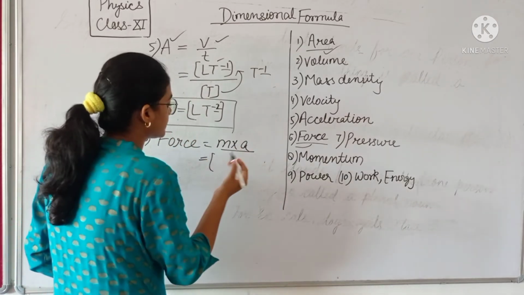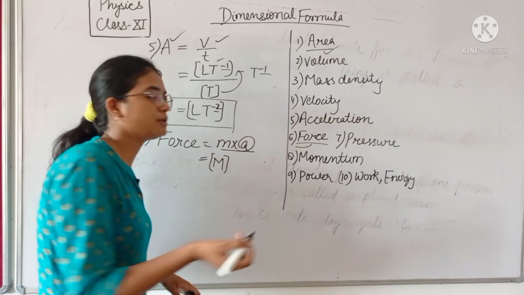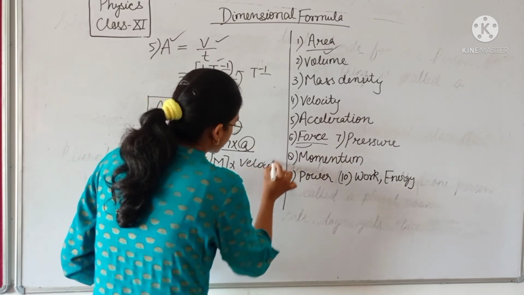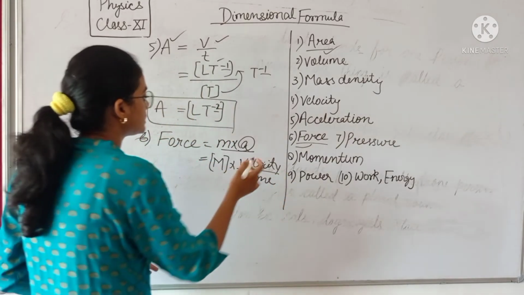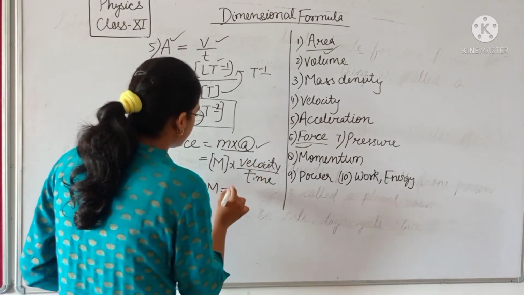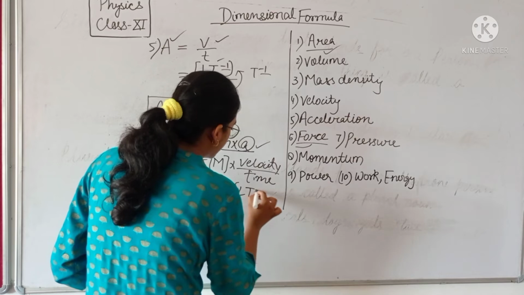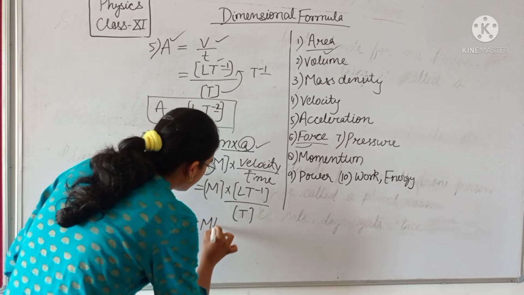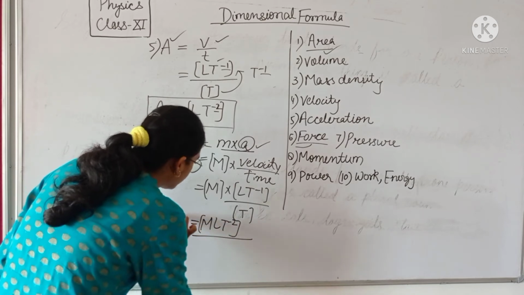For mass we use M, and if you don't know the dimensional formula of a, you can calculate it here: it is velocity upon time. So this is M into velocity, L T to the power minus 1, upon T. So this will be M L T to the power minus 2. This is the dimensional formula for force.